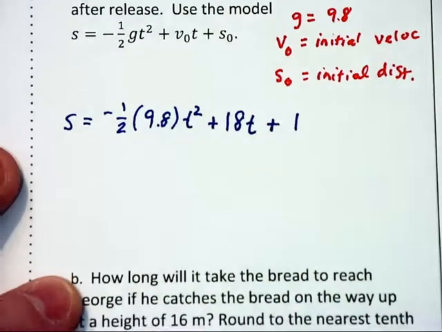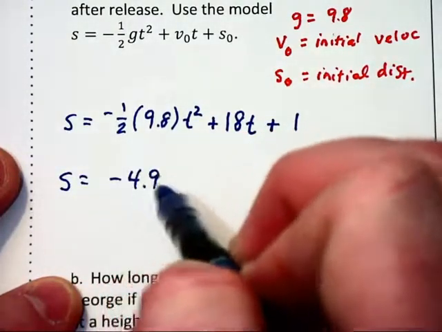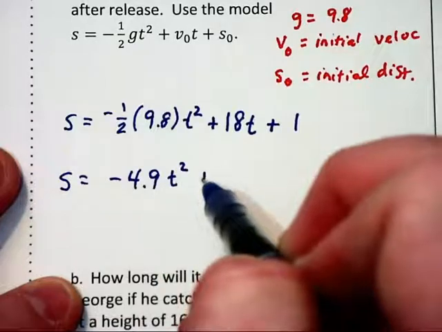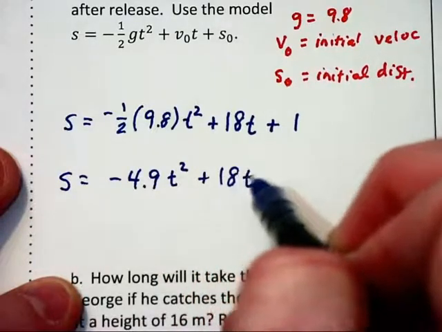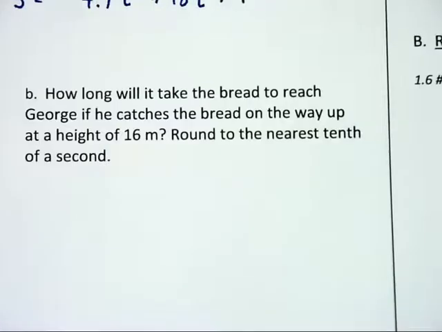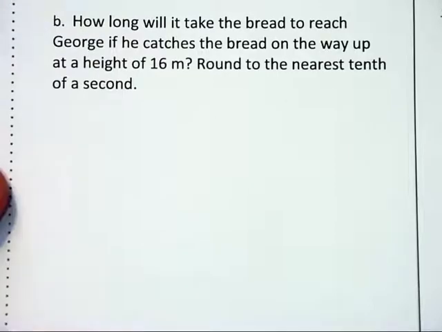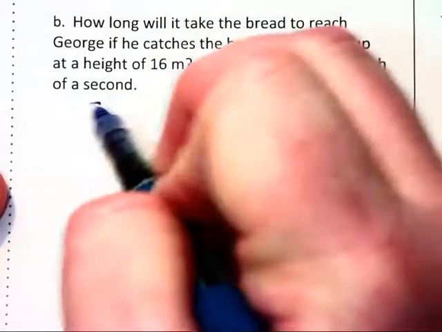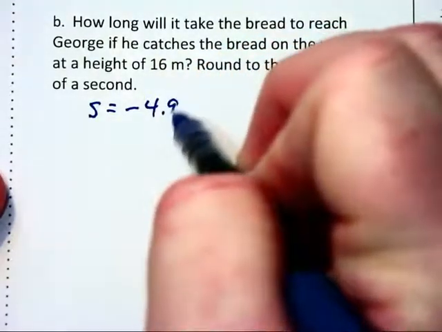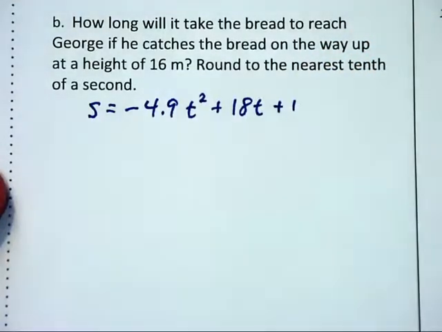Let's just clean this up one little bit. S is equal to negative 4.9 t squared plus 18t plus 1. Now, in part B, they're going to ask us to use this equation. So let's rewrite this really quick. S is equal to negative 4.9 t squared plus 18t plus 1.